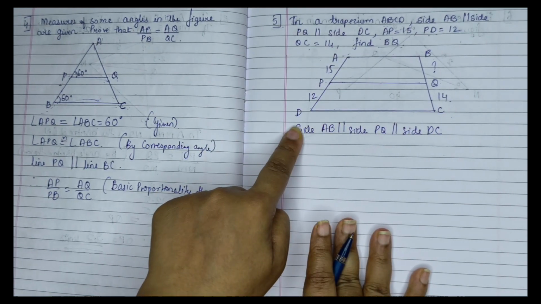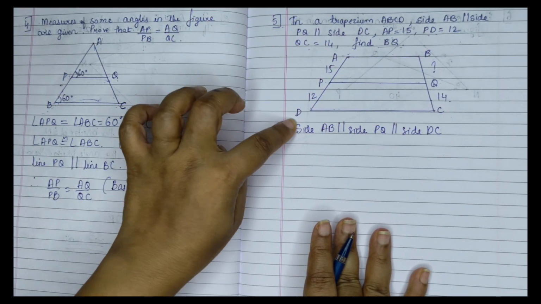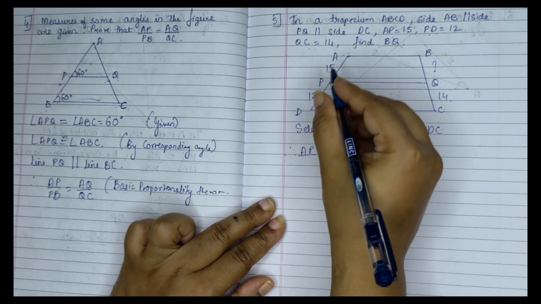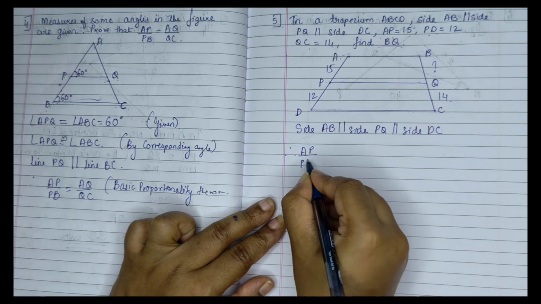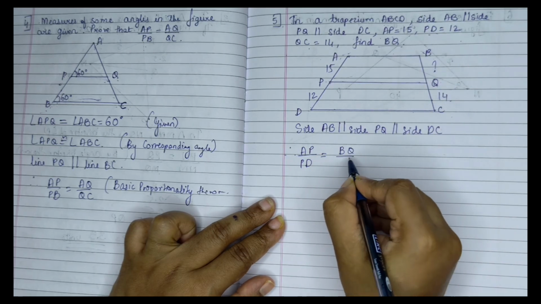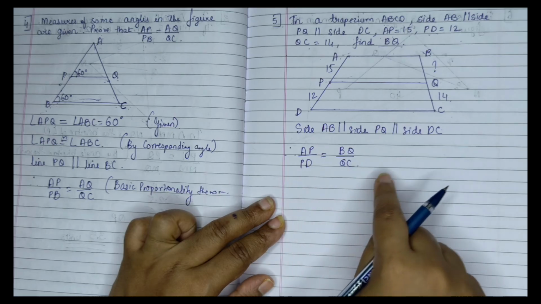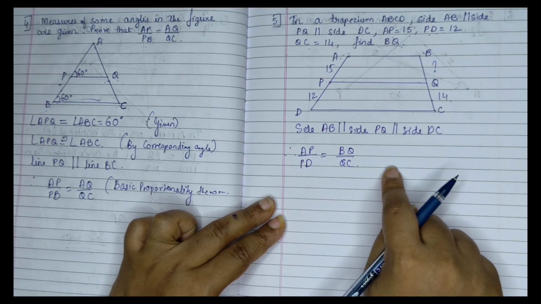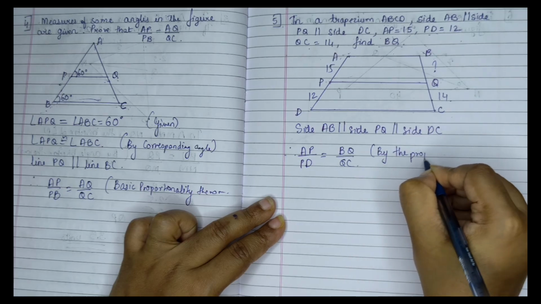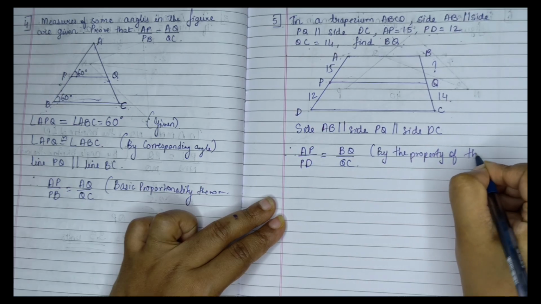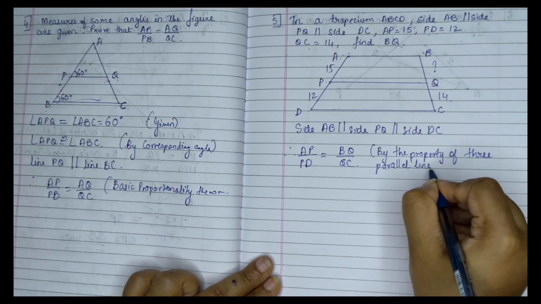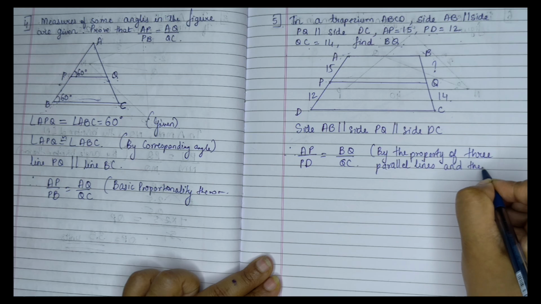When we have three parallel lines, what we get is AP upon PD is equal to BQ upon QC, by the property of three parallel lines and their transversals.